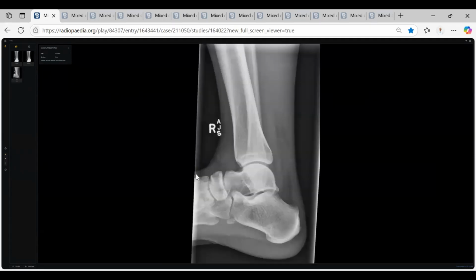This is a very difficult case, despite being an X-ray and ultrasound, because most of us will be confused by this. But the clue is here. See here, and see this. At least there is some abnormality here.